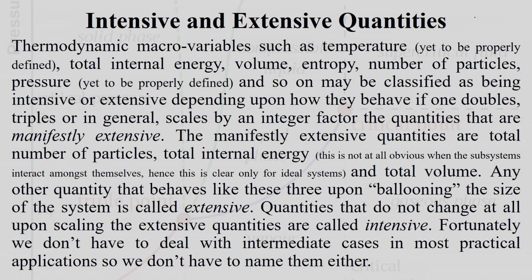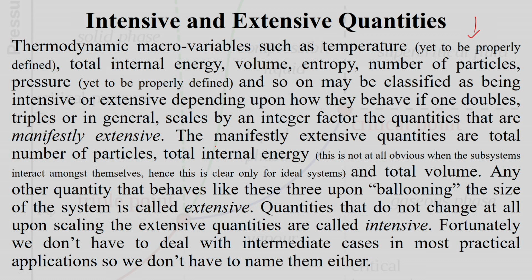In this small paragraph, I have explained that variables such as temperature, which I have not properly defined yet but am going to do shortly, assuming you know what that is from your earlier knowledge, total internal energy, volume, and entropy, are quantities that we wish to classify as either extensive or intensive.